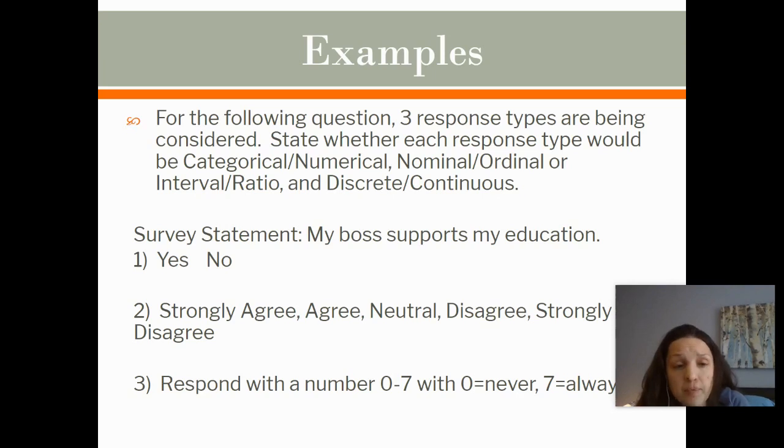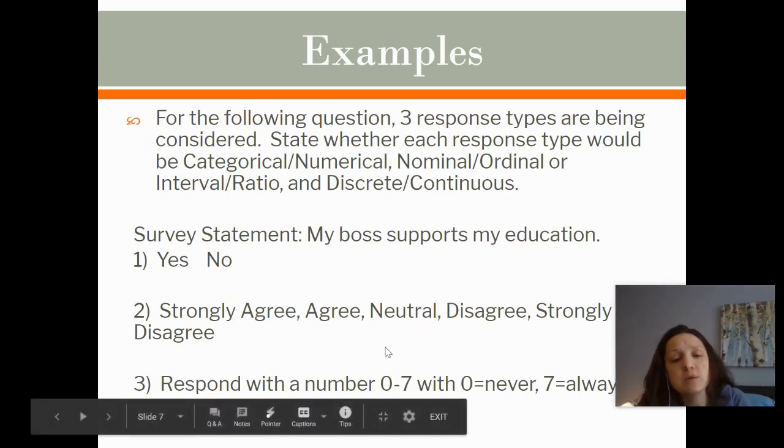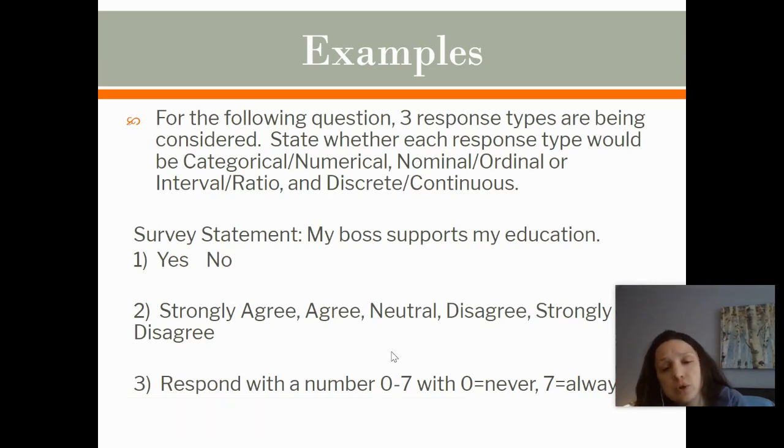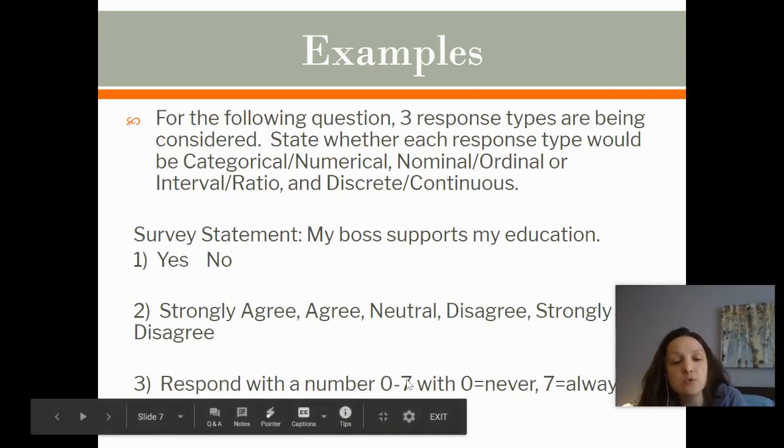That's not a number. If I change that survey statement to, my boss supports my education, strongly agree, neutral, disagree, or strongly disagree, that's still a qualitative statement. It's the level to which your boss agrees. But now that level can be ordered, so that would be qualitative and ordinal. And then last but not least, responds with a number 0 through 7.